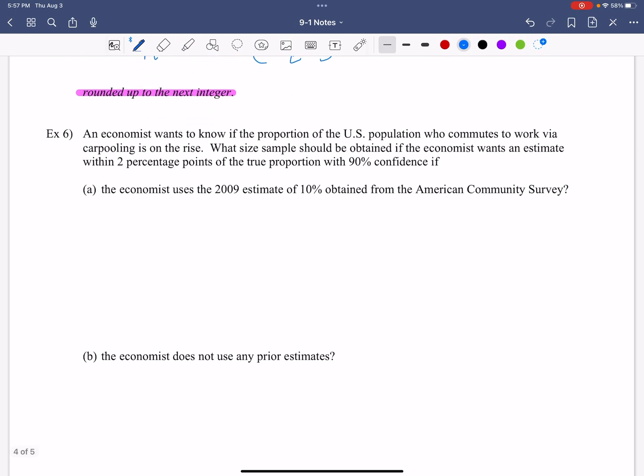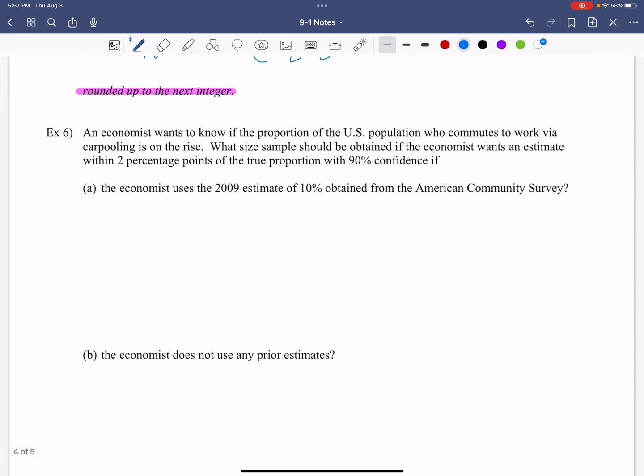An economist wants to know if the proportion of the U.S. population who commutes to work via carpooling is on the rise. What sample size should be obtained if the economist wants an estimate within 2 percentage points of the true proportion with 90% confidence? Remember, we said the word percentage.